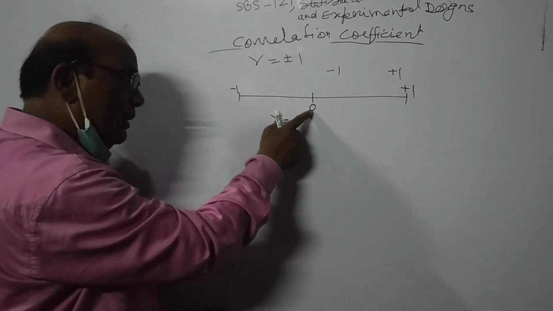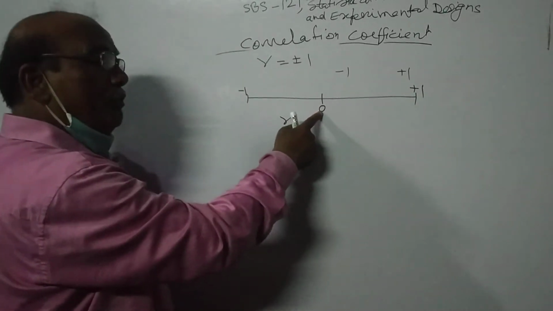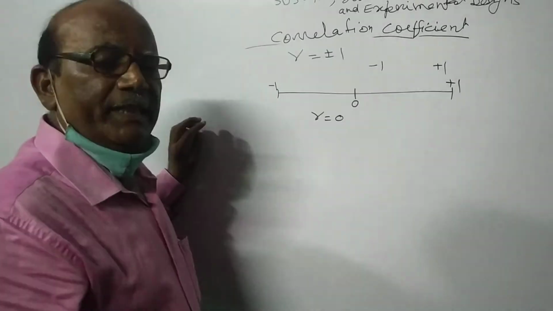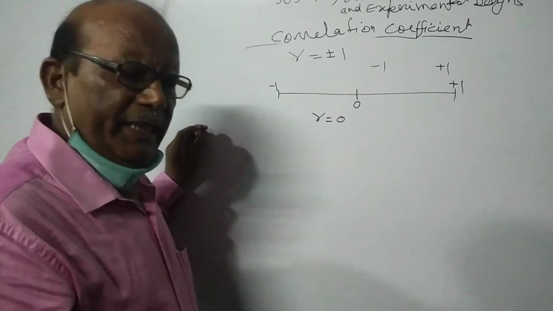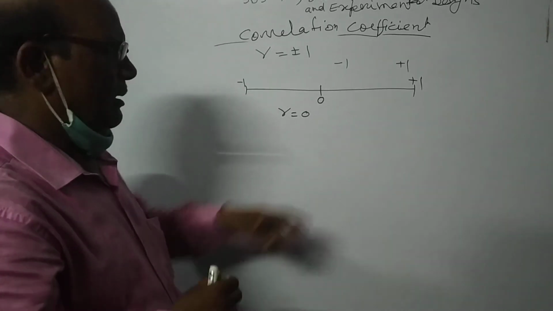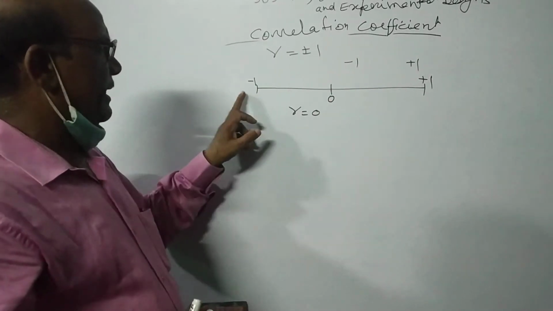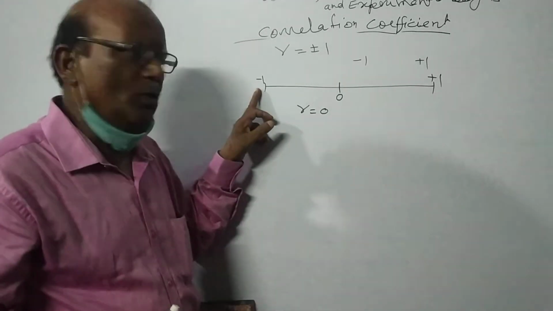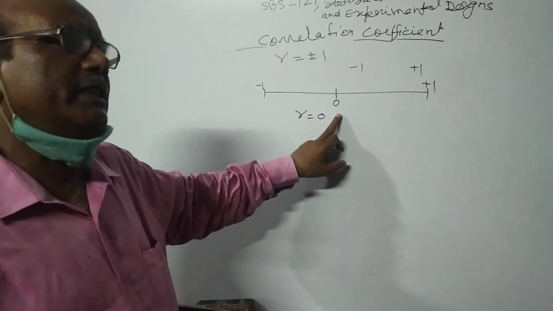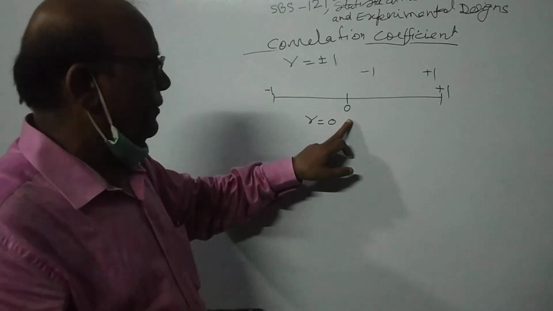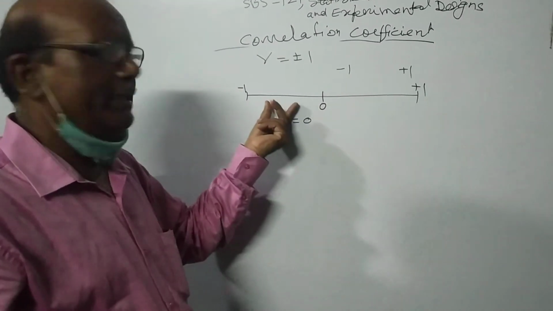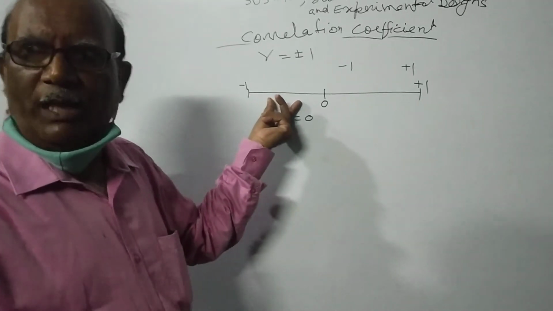If r is less than 0 and greater than minus 1, the correlation coefficient is negative. So there are 5 types: first, perfect positive correlation; second, perfect negative correlation; third, uncorrelated or no linear relationship; fourth, positive correlation; and fifth, negative correlation. Okay? Any problem?